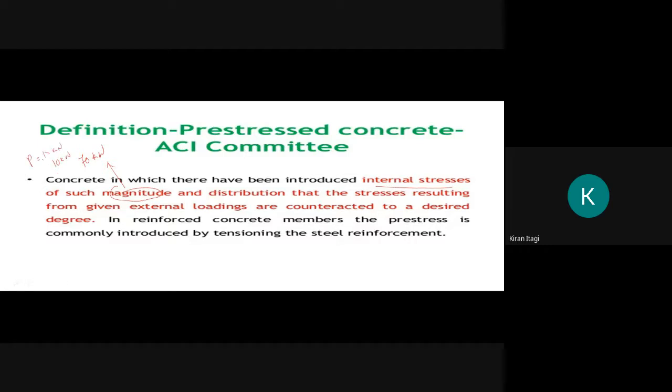Based on this we have some problems. In the reinforced concrete member, the pre-stress is commonly introduced by tensioning the steel reinforcement.